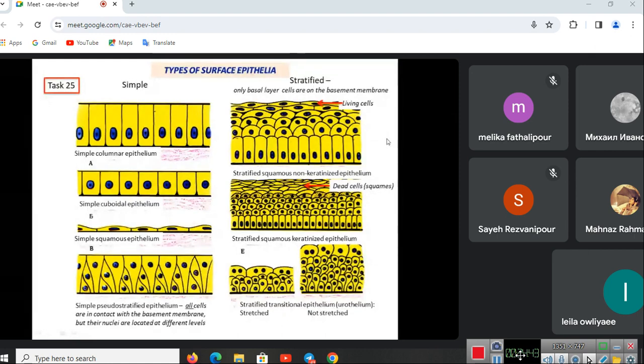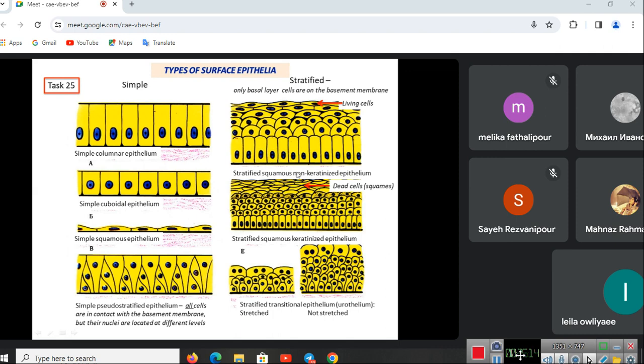Actually, you should learn all the words in each name of epithelium. So, if you are asked about the type of epithelium, you should name all the words in this sequence, like stratified squamous non-keratinized, because all these words have their meaning. So this is stratified because of the layers, and only the basal layer lies upon basement membrane.